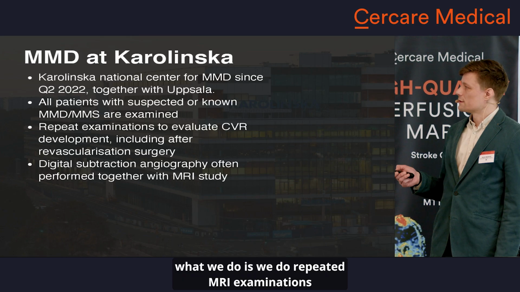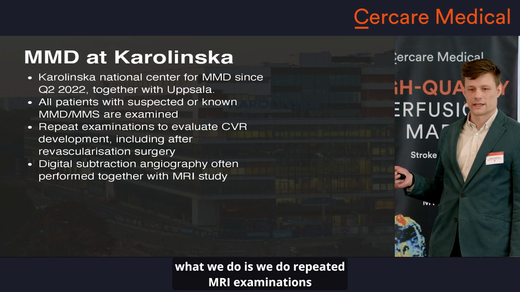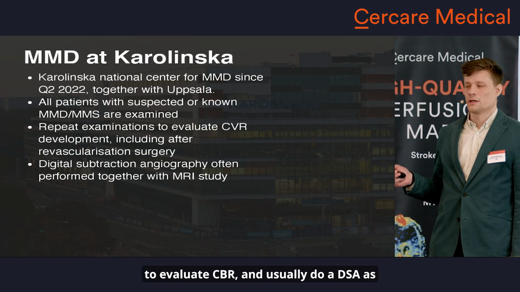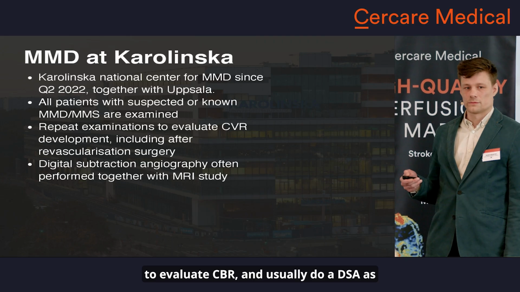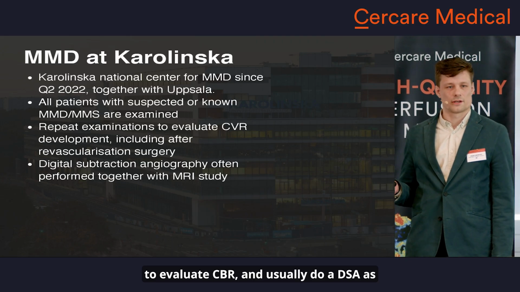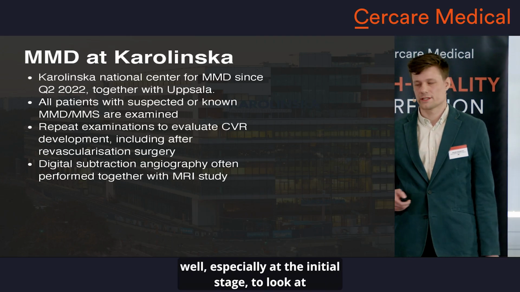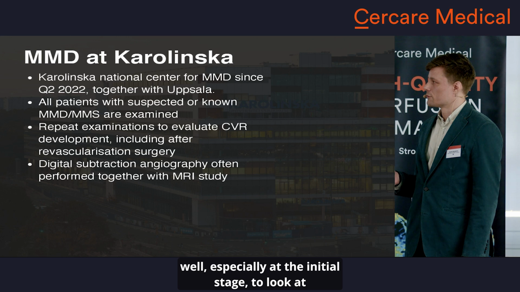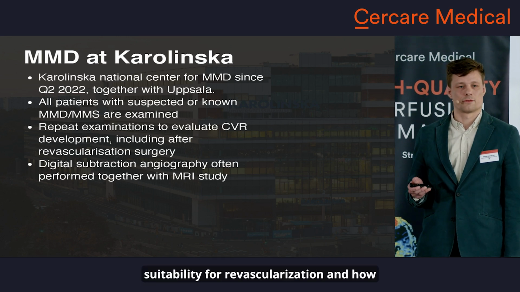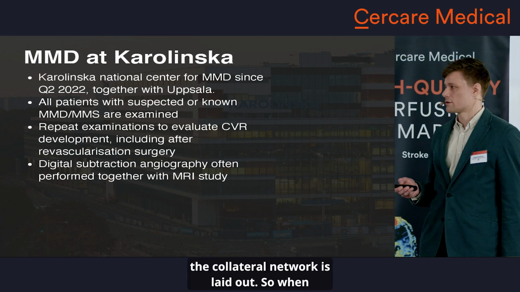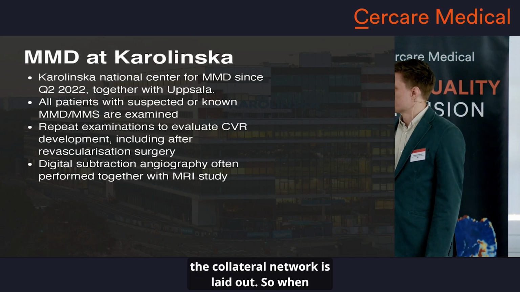And what we do is repeated MRI examinations to evaluate CVR, and usually a DSA as well, especially in the initial stage, to look at suitability for revascularization and how the collateral network is laid out.